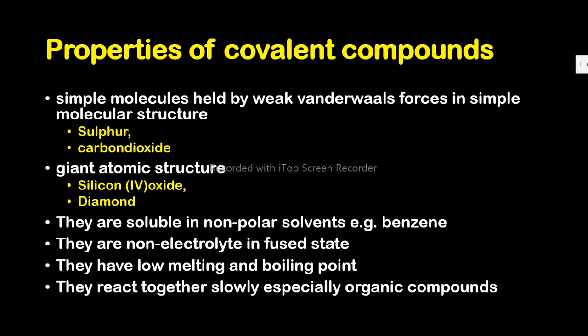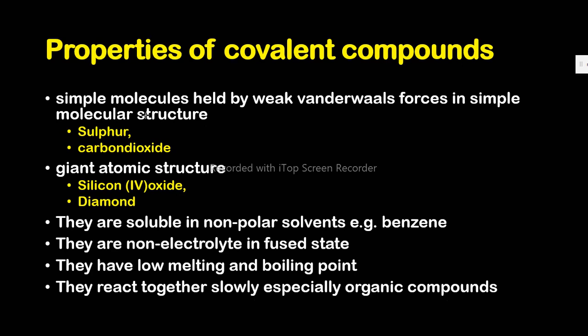So let's talk about the properties of covalent compounds. Really, this one is easy. You know how covalent compounds behave. They are simple molecules. Imagine carbon dioxide, chlorine, ammonia, sulfur dioxide. They are just simple molecules. Okay?